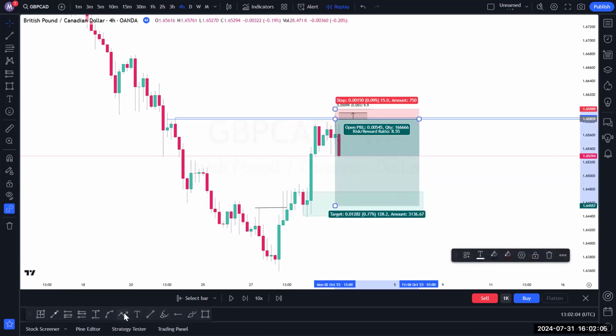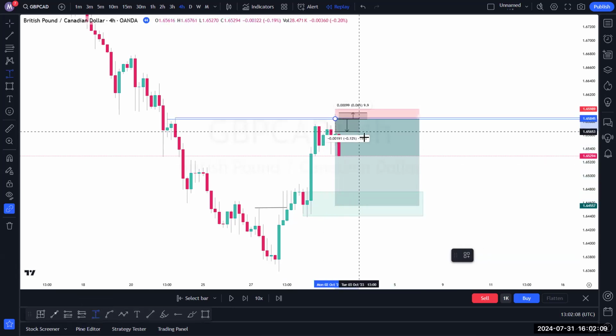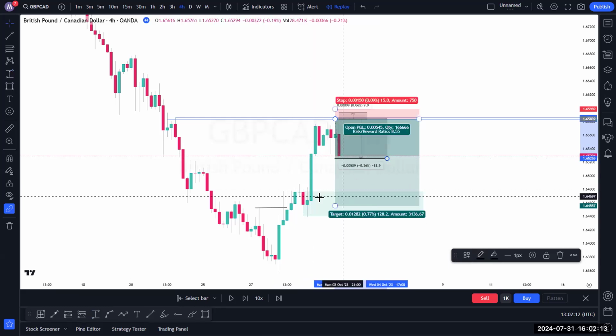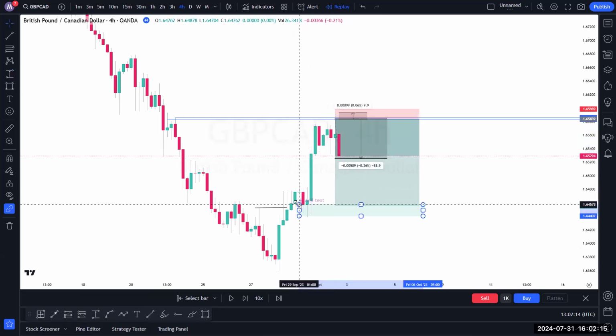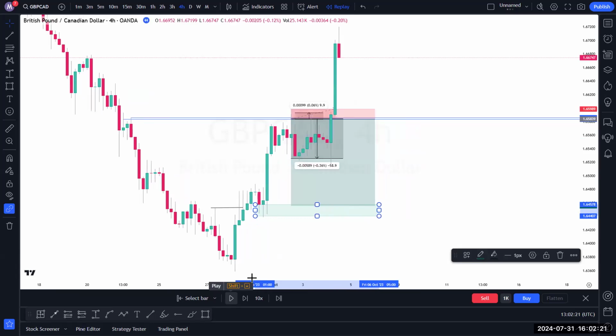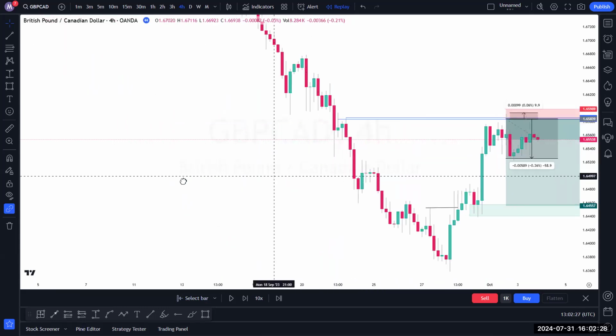Sometimes you have to set take profits and exit accordingly, because sometimes we expect price to drop till this level and price fails to reach it. But that's how we do it. You can clearly see price gave a good amount of 60 pips before it dropped.